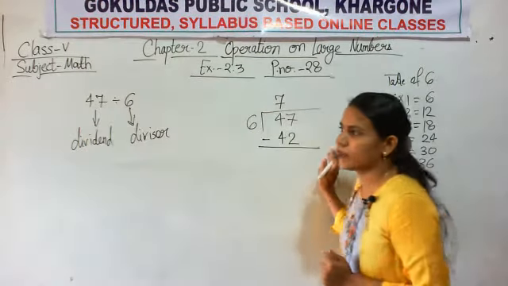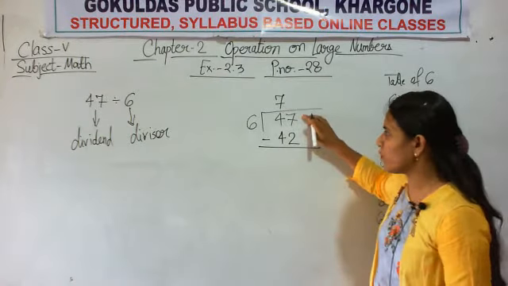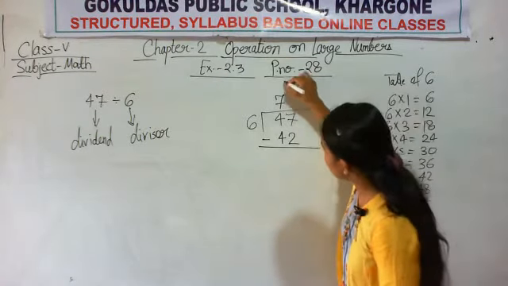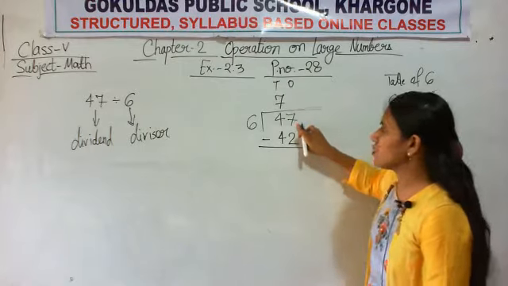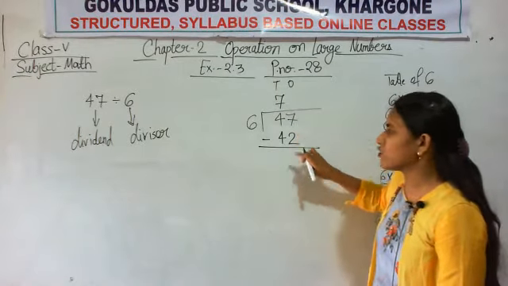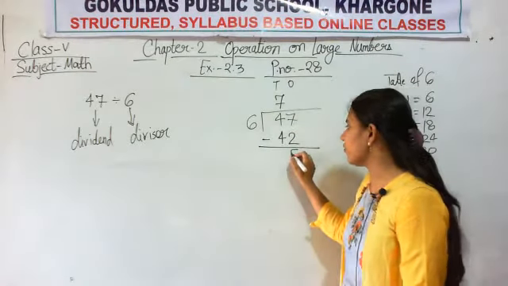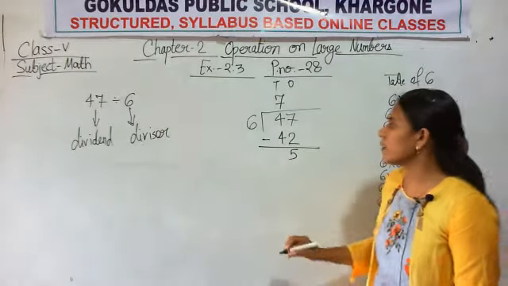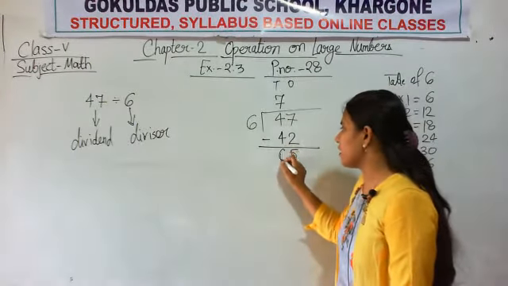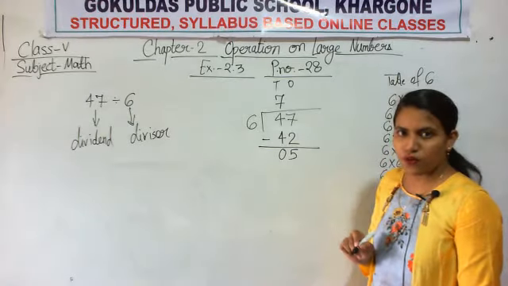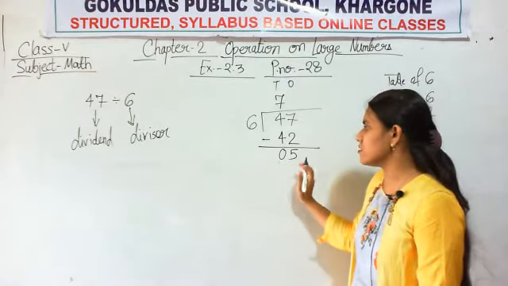Now subtract. We always start subtraction from the ones place. 7 minus 2 is 5, so you write 5 over here. Now 4 minus 4 is 0.